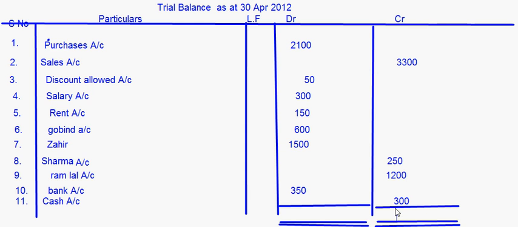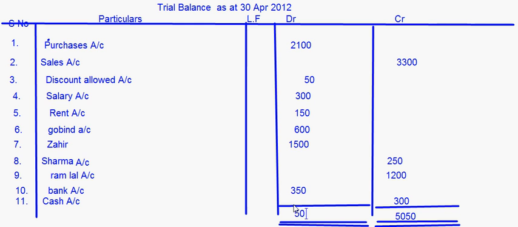This will come to 5050 here, right? And on the debit side, if you total this, 2,100 plus 50 plus 300 plus 150 plus 600 plus 1,500 plus 350, that's also coming to 5050.